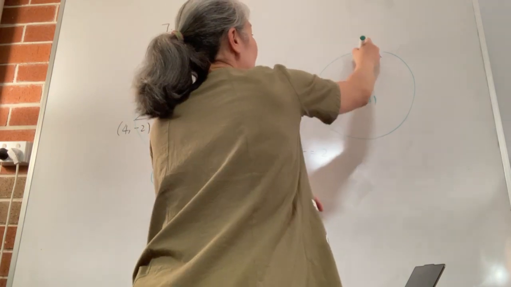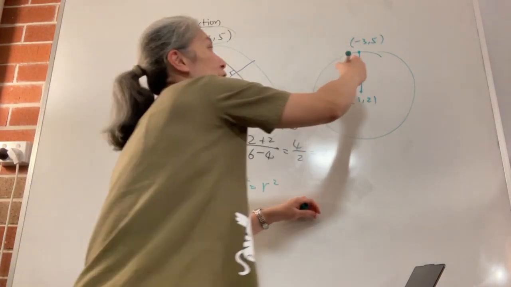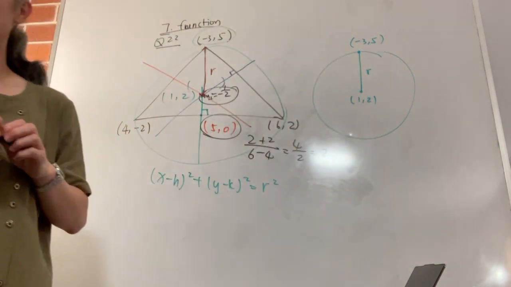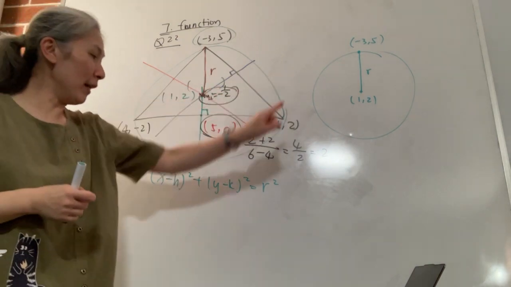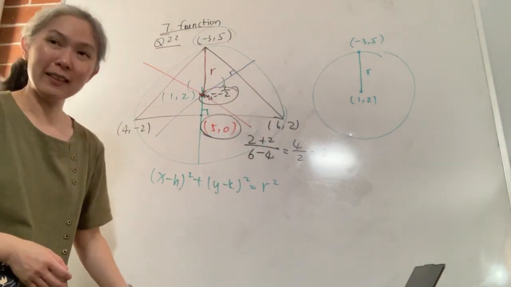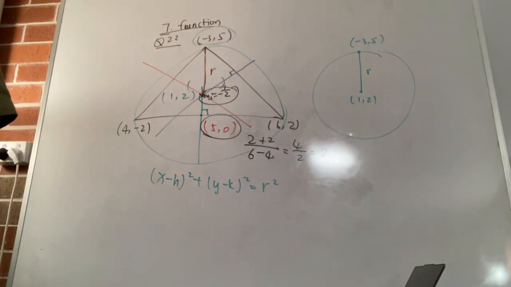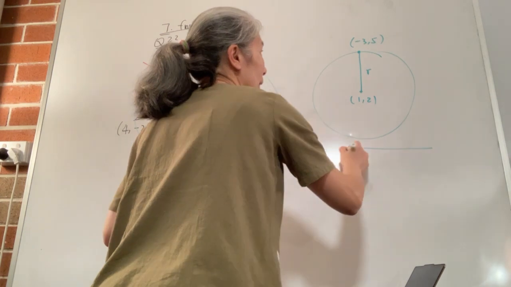And this point in here is minus 3, 5. Can you find the distance? Yeah, that is what you are going to do. And that number goes into here. So it's going to be 4 minus 4, positive. Distance formula.